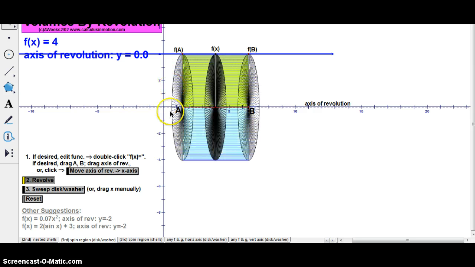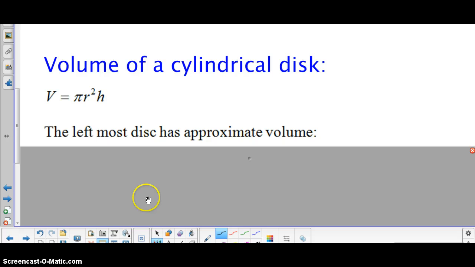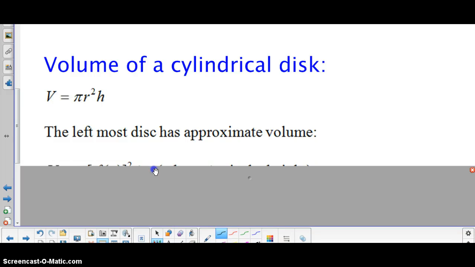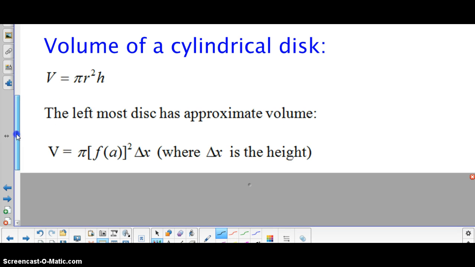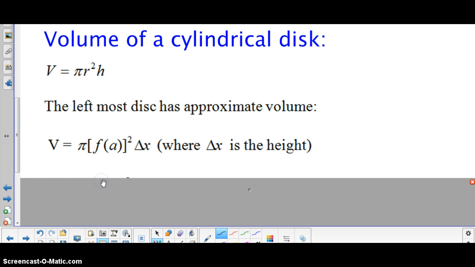And this is the leftmost cylindrical disc. If you want to approximate the volume of that particular disc, you would use volume equals pi times our function evaluated at a, whatever least value they want us to evaluate, squared, times delta x.